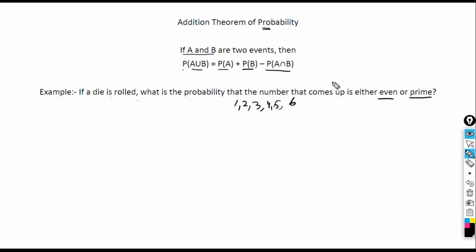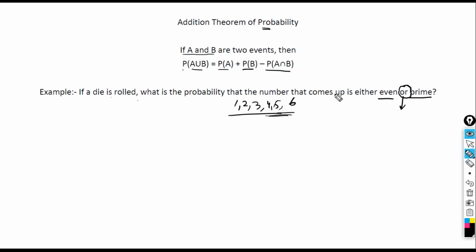So guys, how many favorable cases are there such that the number is either even or prime? Be quick guys.